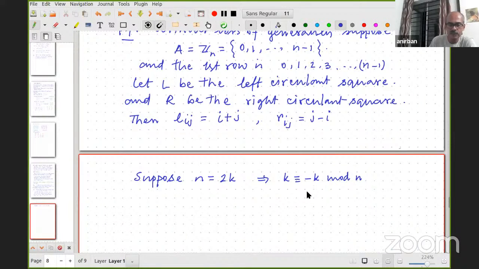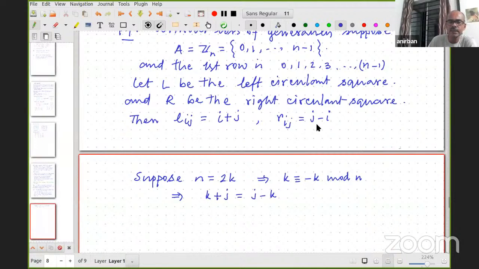Sorry, n divides 2k, because n is exactly equal to 2k. So k and minus k are congruent modulo n. That would imply that k plus j is equal to j minus k, because plus k and minus k are the same.